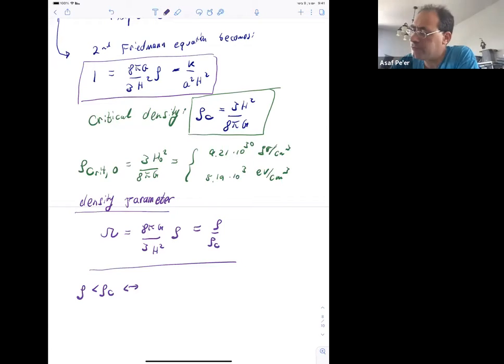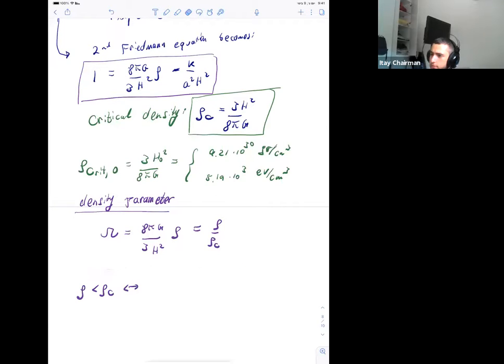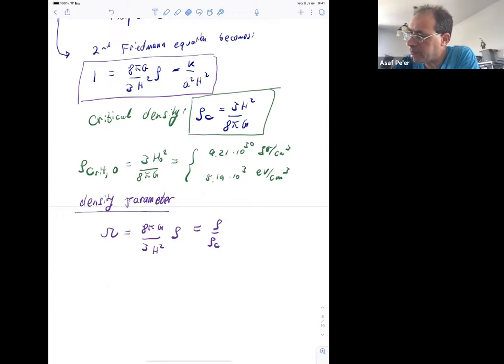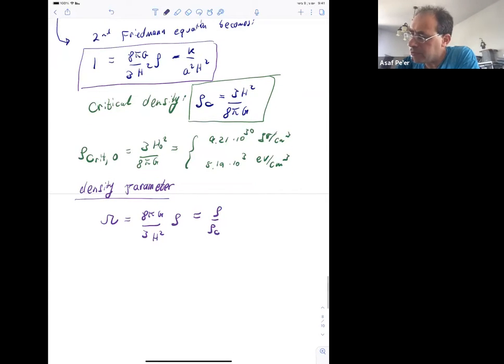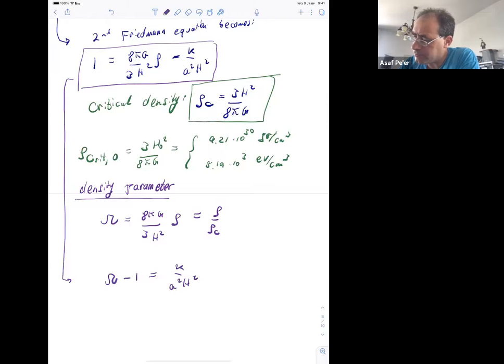Omega is smaller than 1, right? Looking at the second Friedmann equation, I can write it with rho over rho critical, which is what's written here. So omega minus 1 is equal to k over a squared H squared.